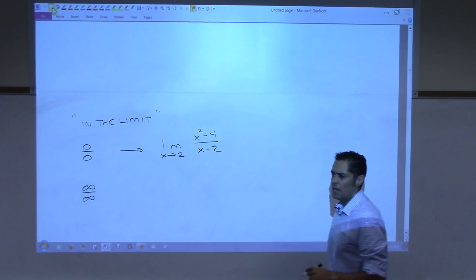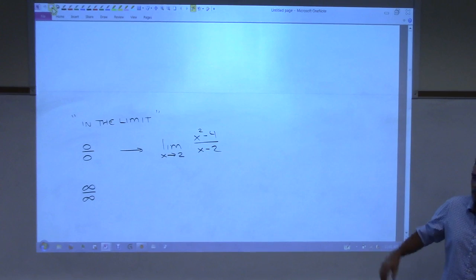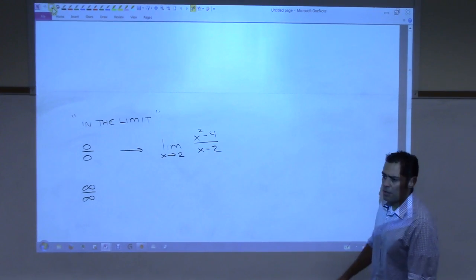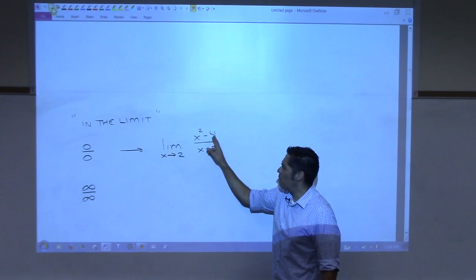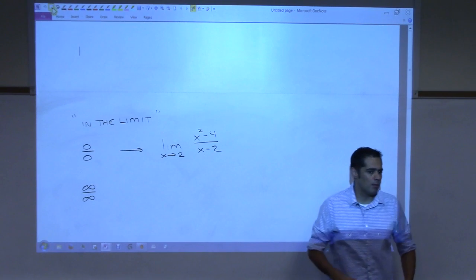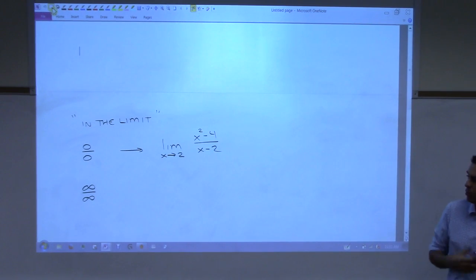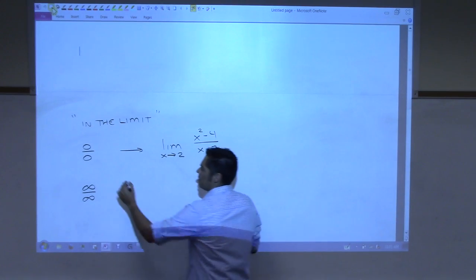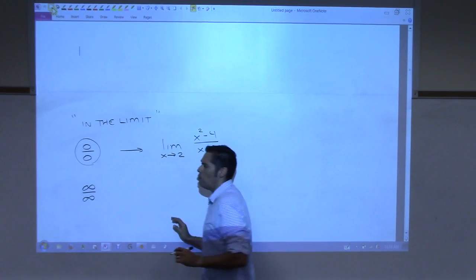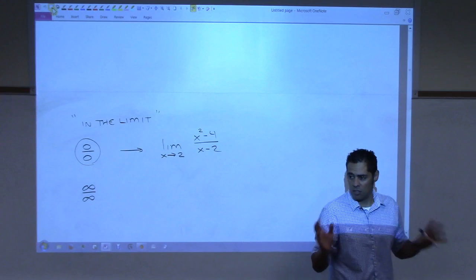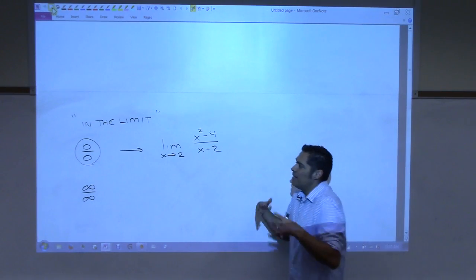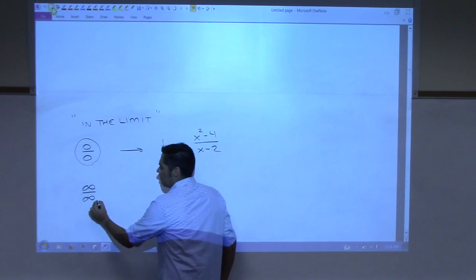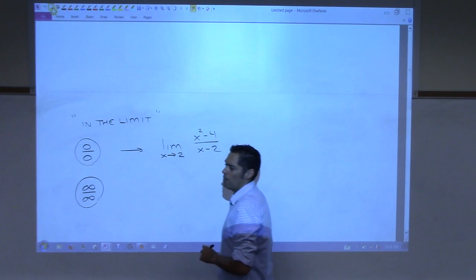I think I gave something similar to that in class last time. If x goes to 2, we're going to get 4 minus 4 on top, 2 minus 2 on the bottom, we're going to get 0 over 0. What we normally would have done is some algebra. But the important thing is that this is a form that we cannot determine by just looking at it. It's indeterminate. Infinity over infinity is another indeterminate form.